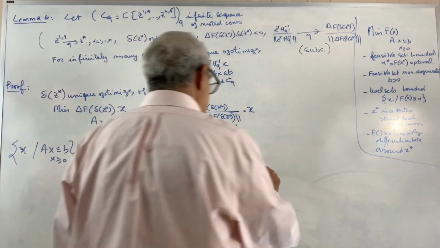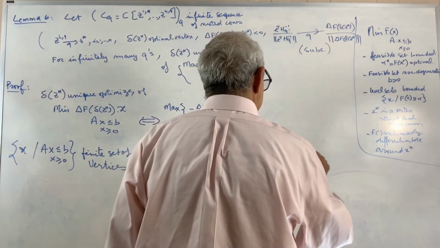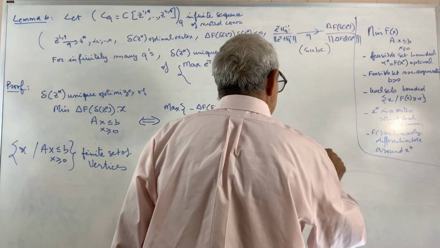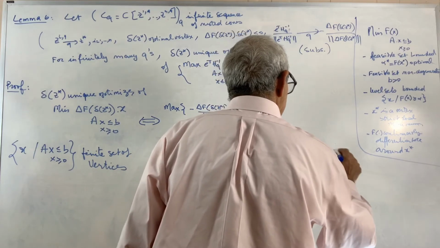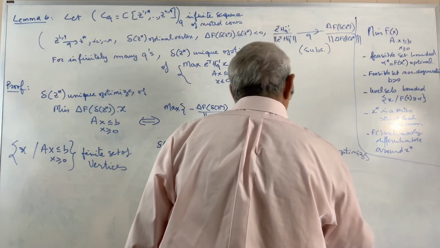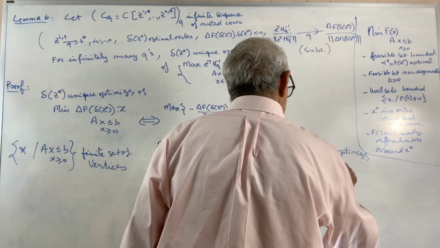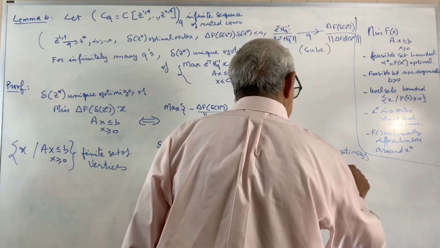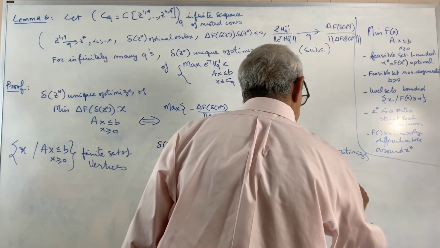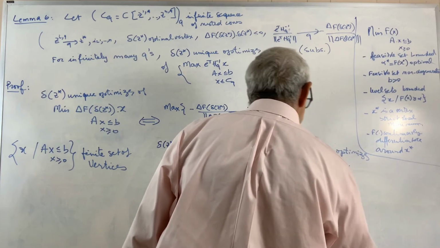And therefore, this implies that delta of Z star is the unique optimizer of maximize E transpose H_{Q-1} X subject to AX less or equal to B, X belonging to C_Q.